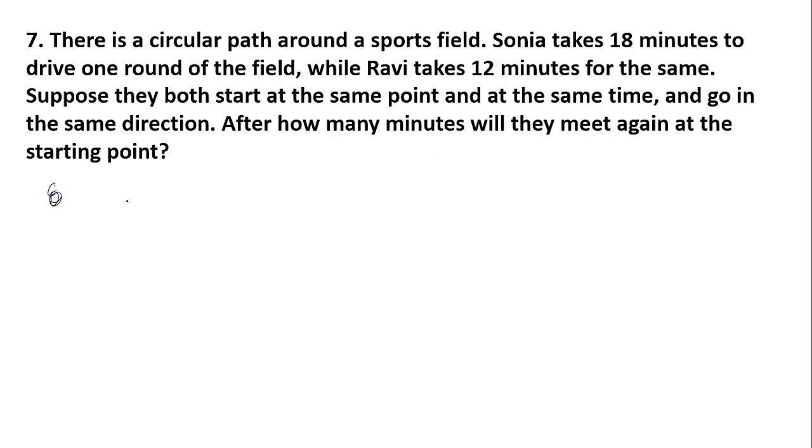Basically we need to find the LCM of 18 and 12. After finding this LCM, you will be able to find out after how many minutes they will meet again.